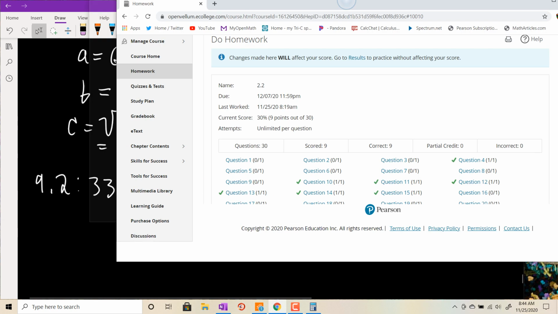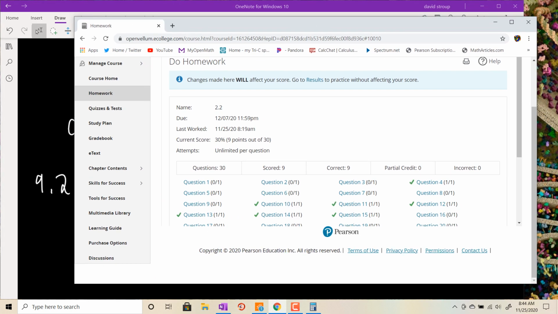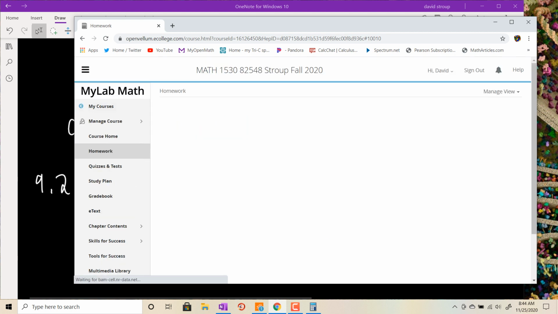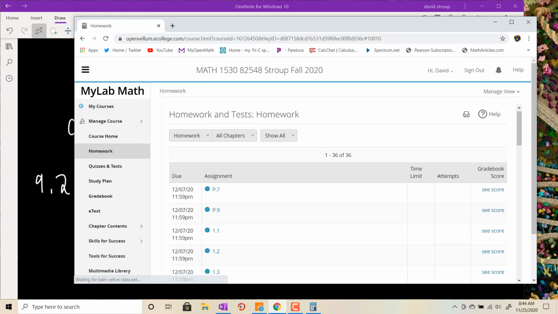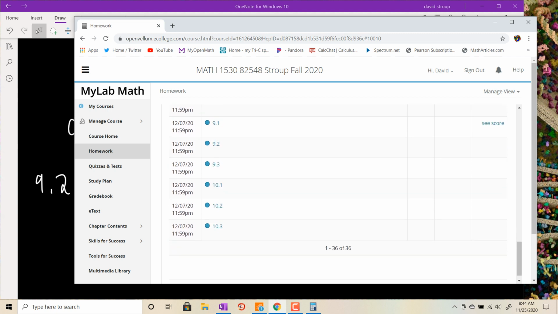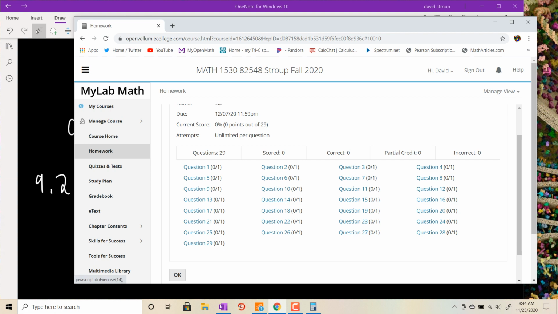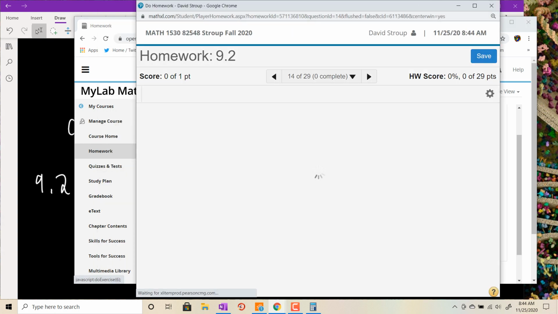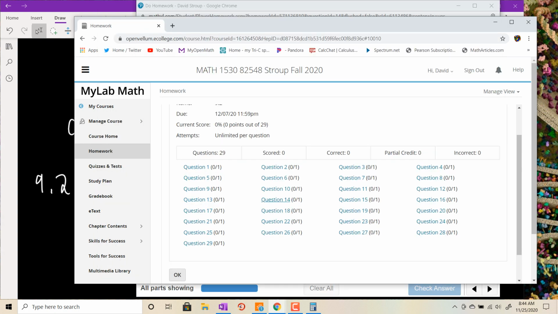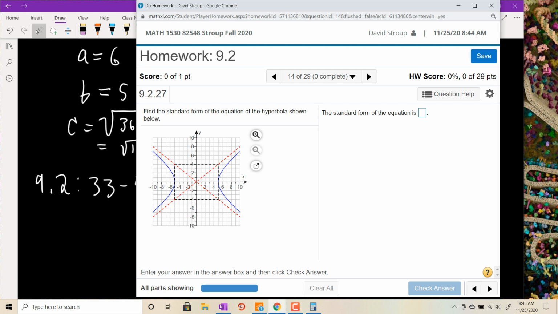Someday I will be able to move this around. Homework 9.2. Here's 9.2, getting towards the end here. Okay, I said problems like 33.